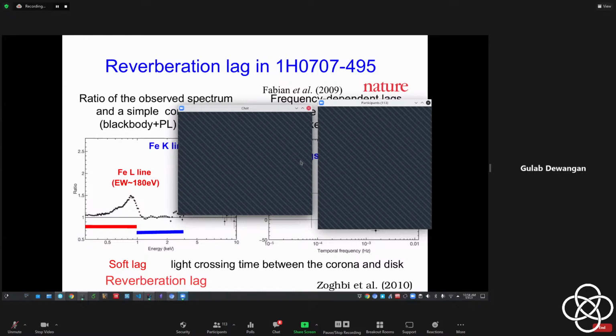But when we are saying the dusty torus, which is cold, that is quite far. In fact, let's say the broad line region clouds are located at around five or tens of thousands of gravitational radius.